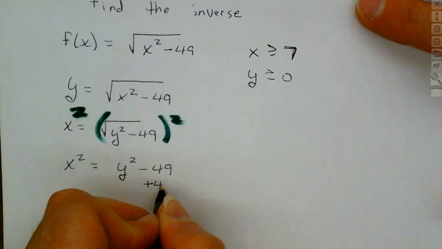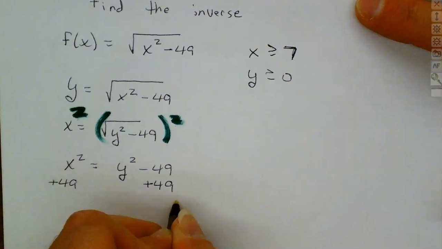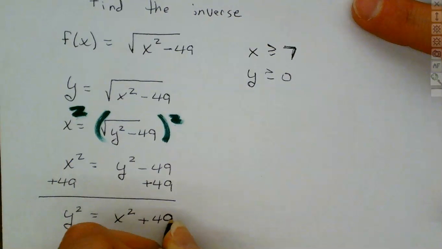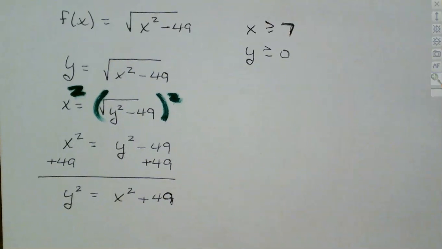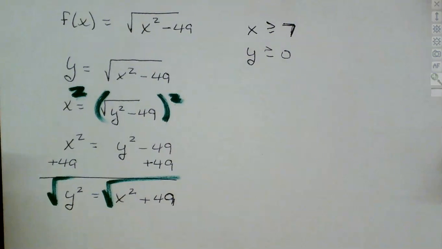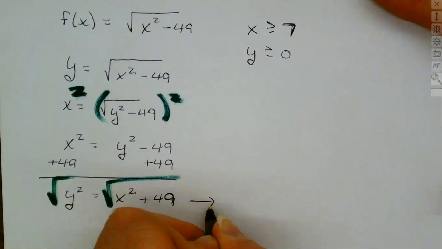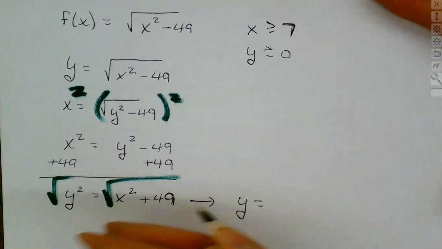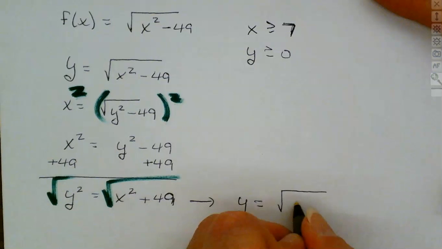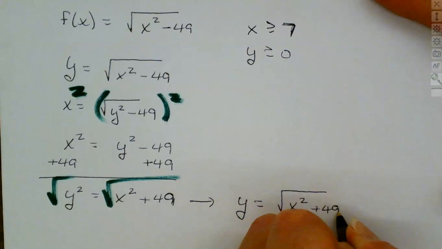We're going to add that 49 over. Now we've got y squared equals x squared plus 49, right? And how do we get rid of the y squared? How do we make that a y? We take the what? Square root. Now we don't have to worry about the plus or minus because we've restricted the domain. And so now what do we have? We have y equals now the square root of x squared plus 49.